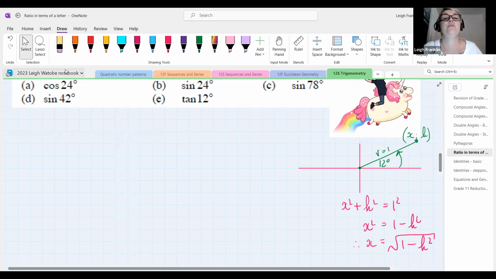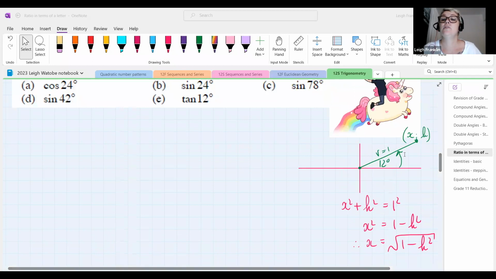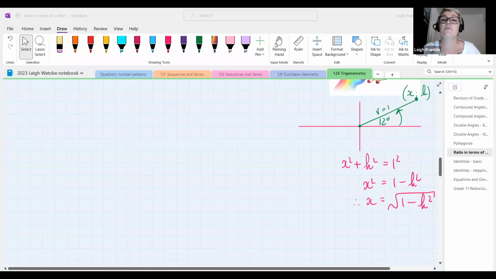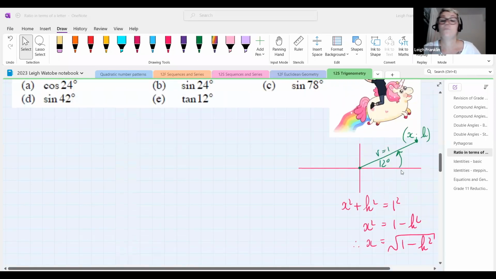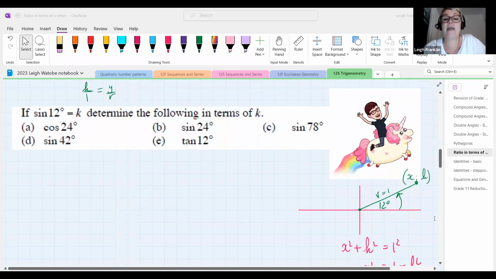Did everybody do this? Ma'am, can you please repeat that again? Okay, so Katleho, we were just working out what our x coordinate is in terms of k, using our diagram and then subbing into the theorem of Pythagoras and solving for x in terms of k. So ma'am, the sine of 12 is k.